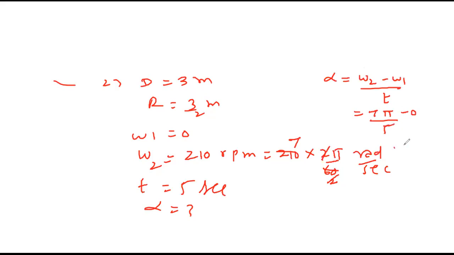So it is 7 by 5 pi. That is same as 7 into 22 by 7 and this 5. So 4.4. A option, 4.4. Yes, first one. So that is the answer, 4.4. Okay.